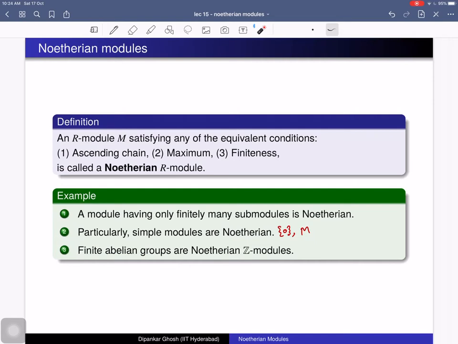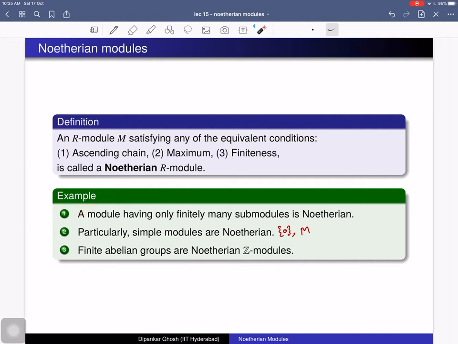Is it Noetherian? We can see that a finite abelian group has only finitely many subsets, and hence only finitely many subgroups. Here subgroups give the Z submodules. So since any finite abelian group has only finitely many subgroups, if you consider it as a Z module, it has only finitely many submodules. So it satisfies this condition.